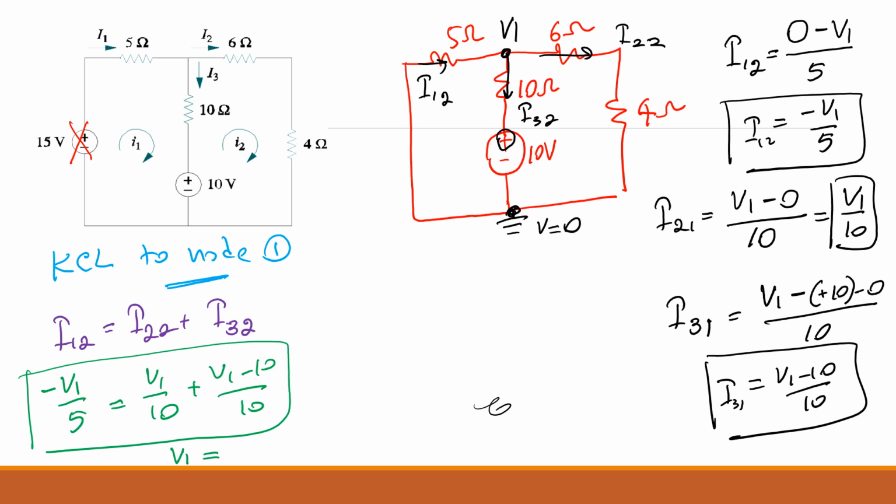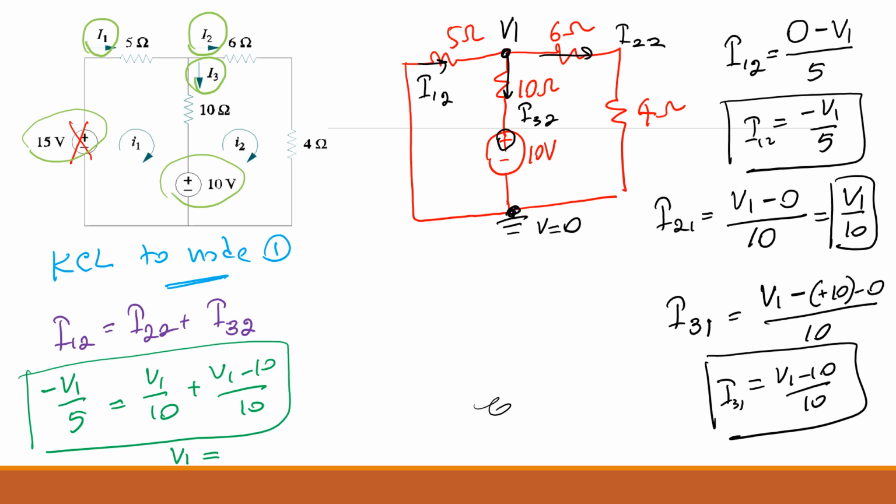Yes, because these are the three currents we need to find, I1, I2 and I3. Those three currents are the currents when we have both 15 and 10 together. But we consider one at a time. So I just named in the previous one I11, I21, I31.